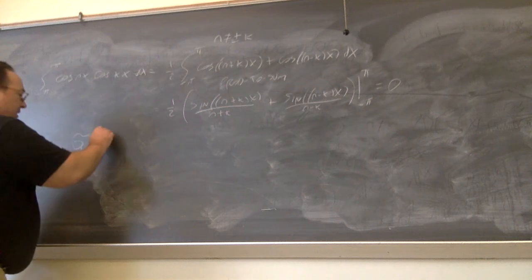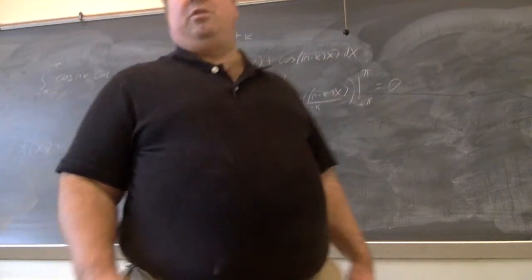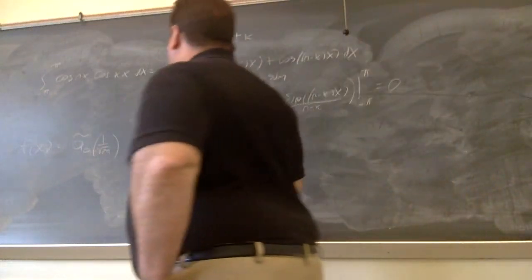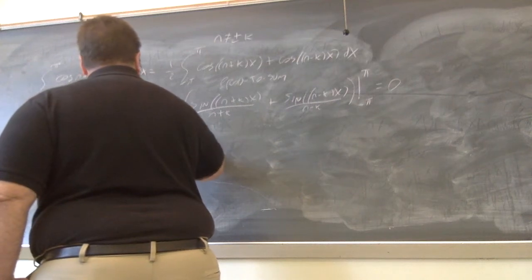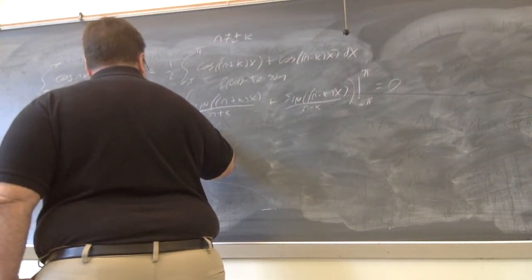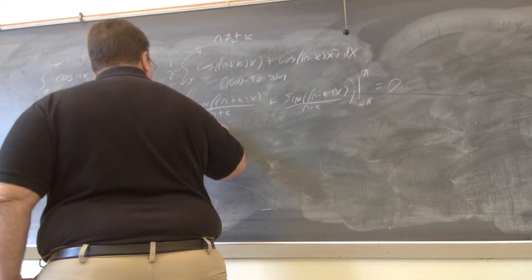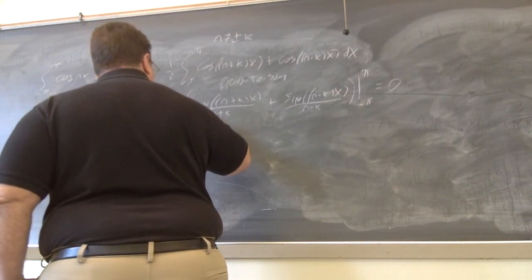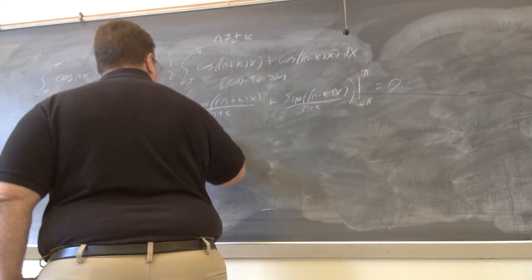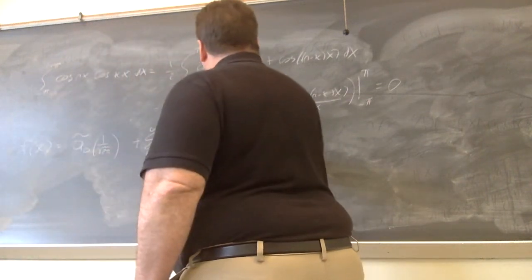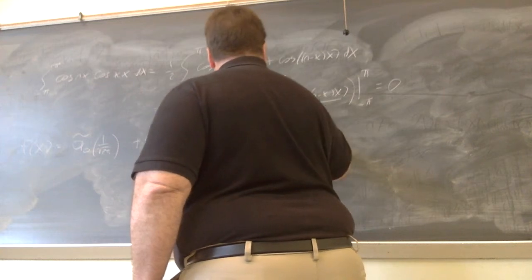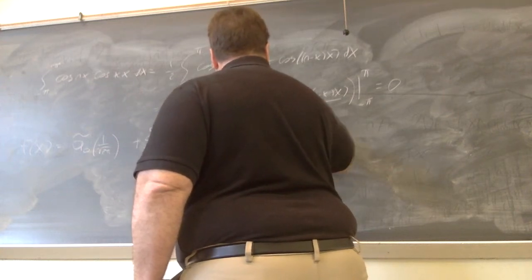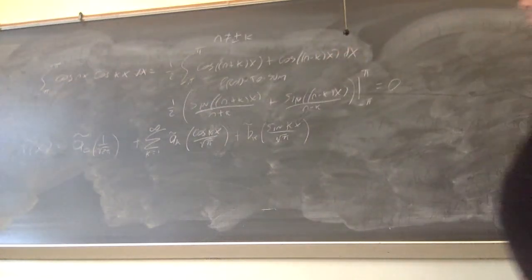So we have 1 over square root of 2 pi, that's the constant function in the orthonormal basis, plus the sum ak tilde times cosine kx over square root of pi plus bk tilde sine kx over square root of pi.